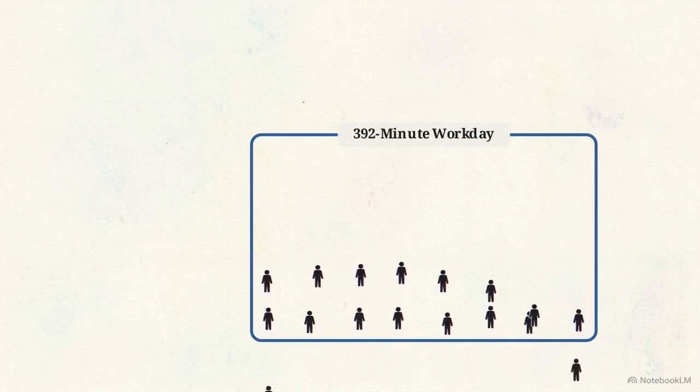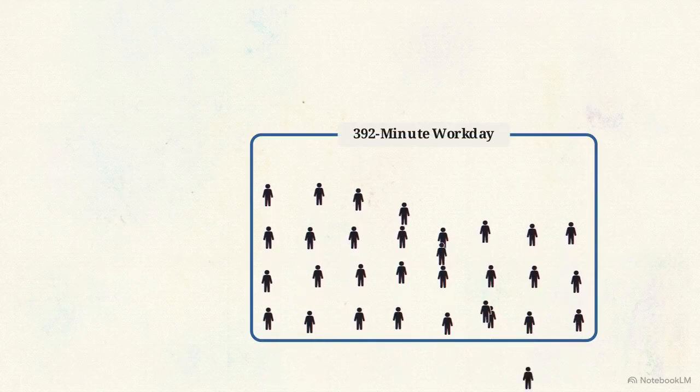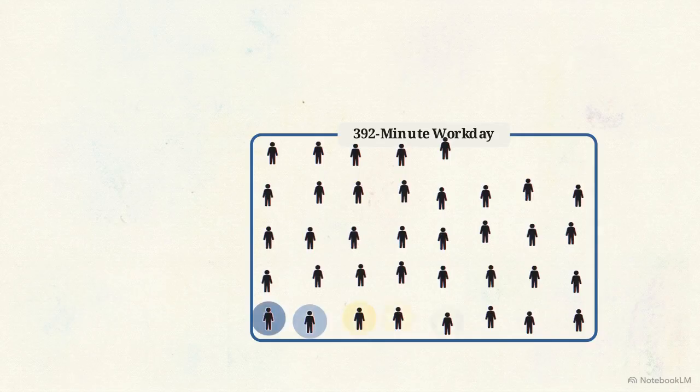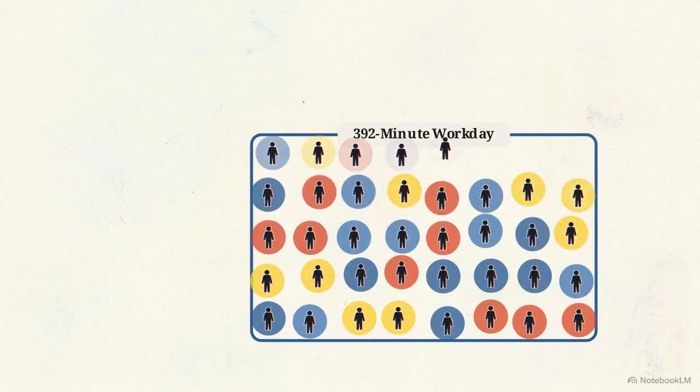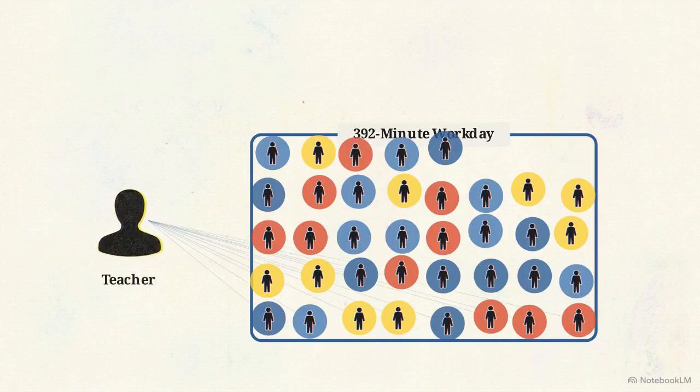This diagram represents the exact parameter of a teacher's contractual workday, a strict container of 392 minutes. That same contract guarantees class sizes up to 33 students in elementary and 37 students in secondary core classes. The instructional container is filled to the brim. Within a single section of those 37 students, the academic spread is vast.